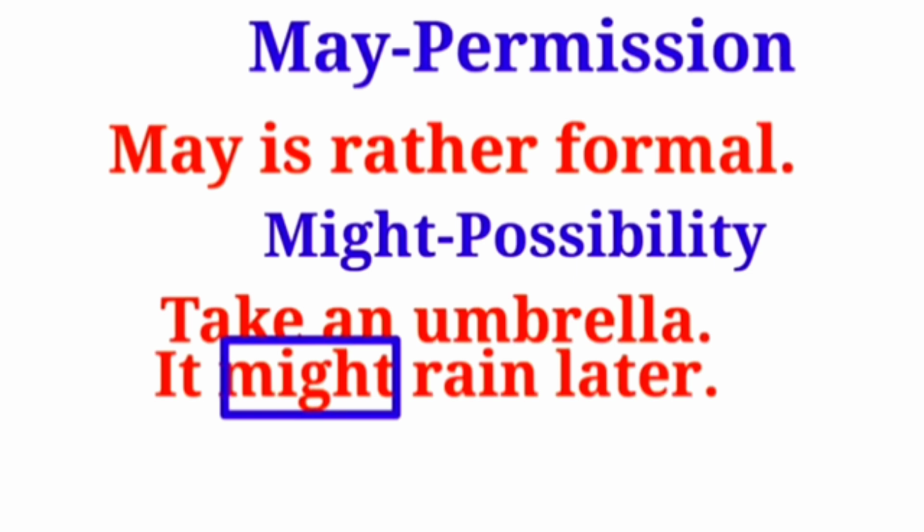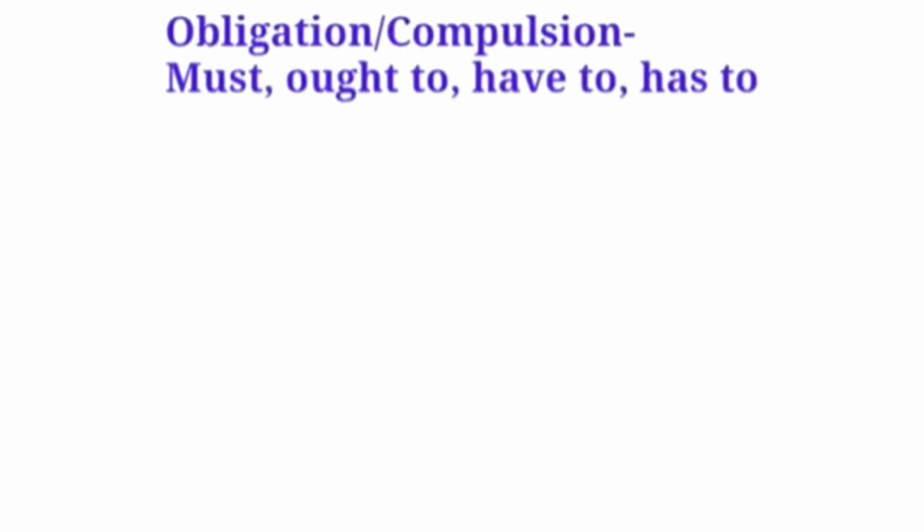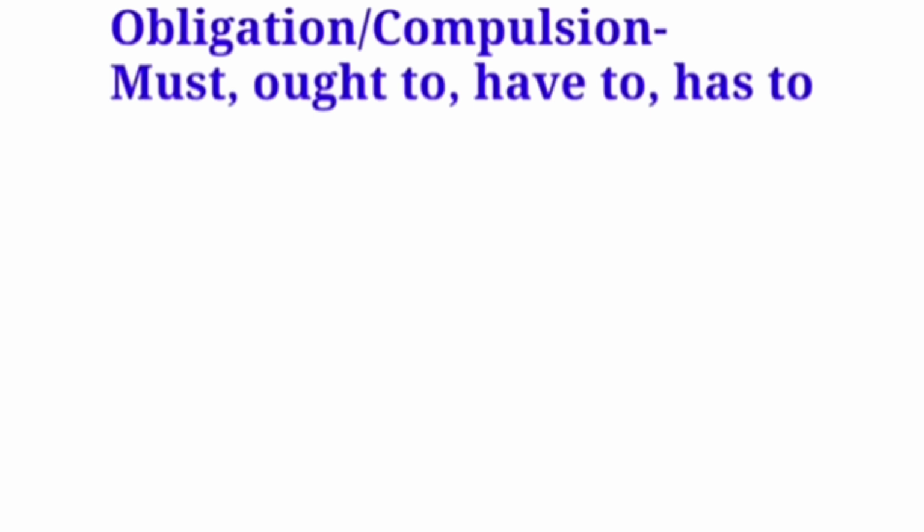Students, let us come to the modal verb which express obligation or compulsion. The modal verbs like must, ought to, have to, has to express compulsion or obligation in the sentence.